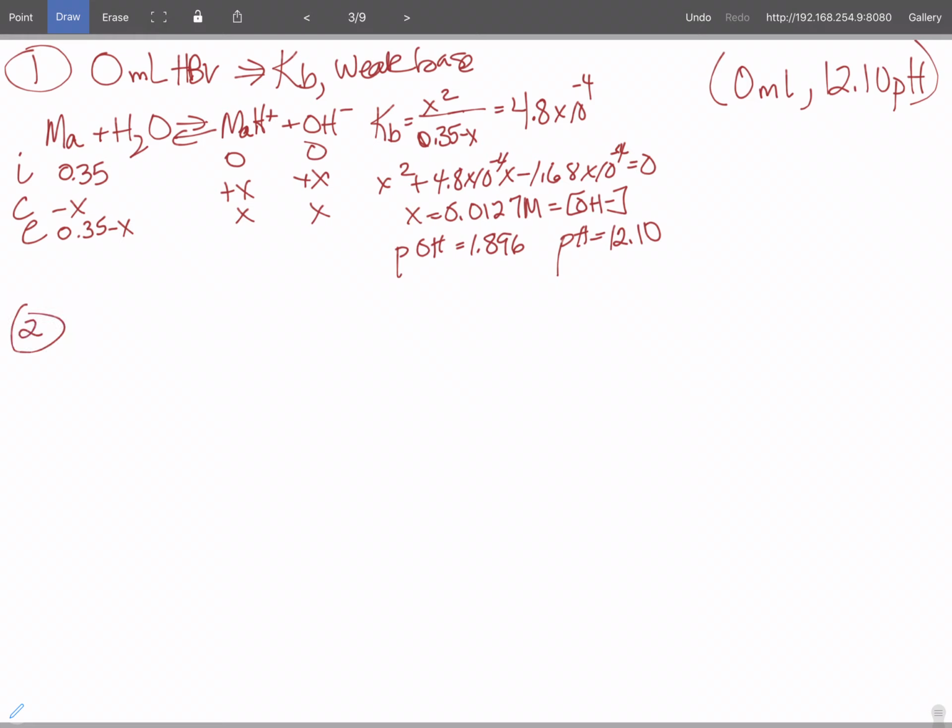The second point is the midpoint of the buffer zone.